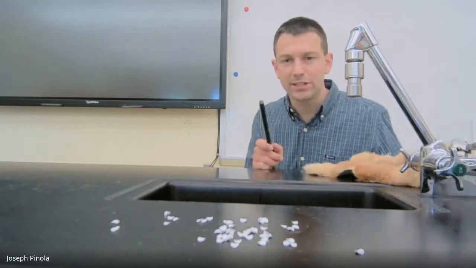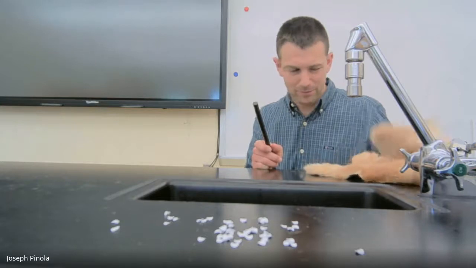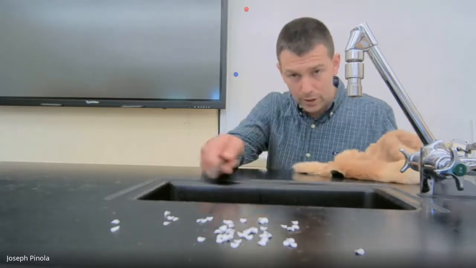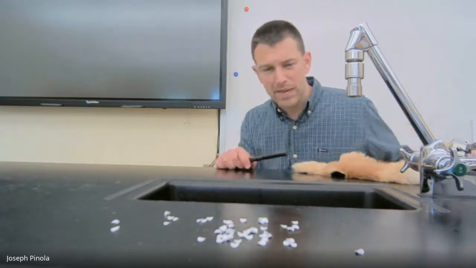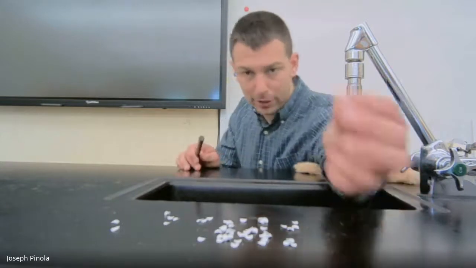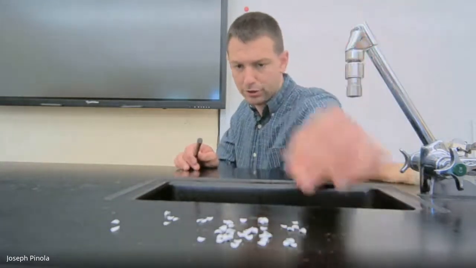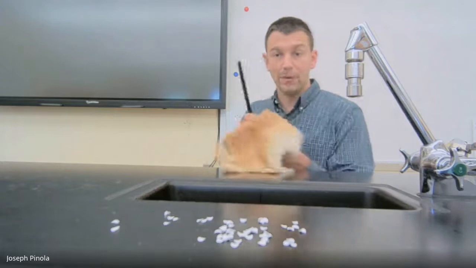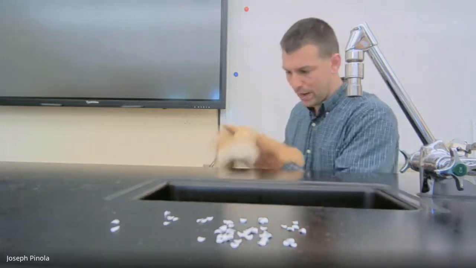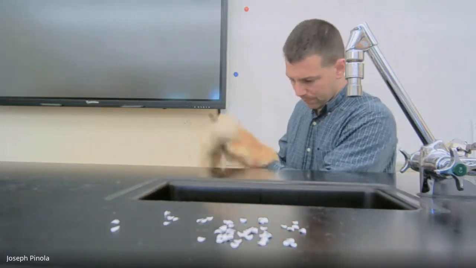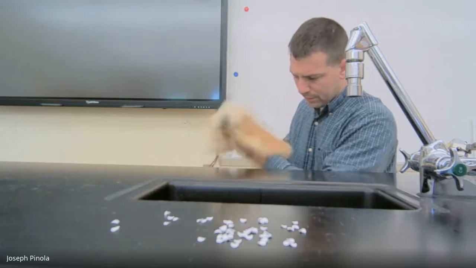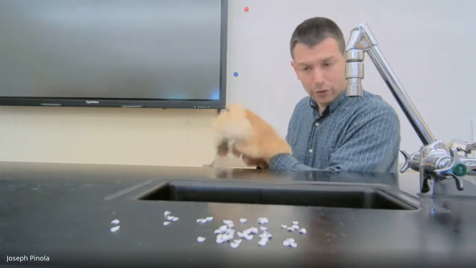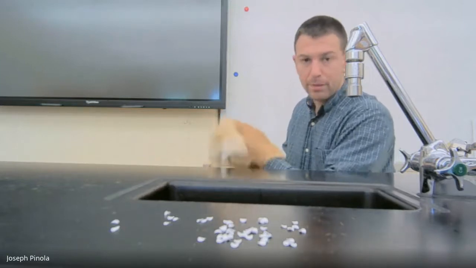Let's take a look at a similar example to that now. Here in front of you are some bits of paper. I made these using a hole puncher. They're really small circles and very light. I'm going to once again charge my rod with the rabbit's fur. And then I'm going to hover the rod over the bits of paper.